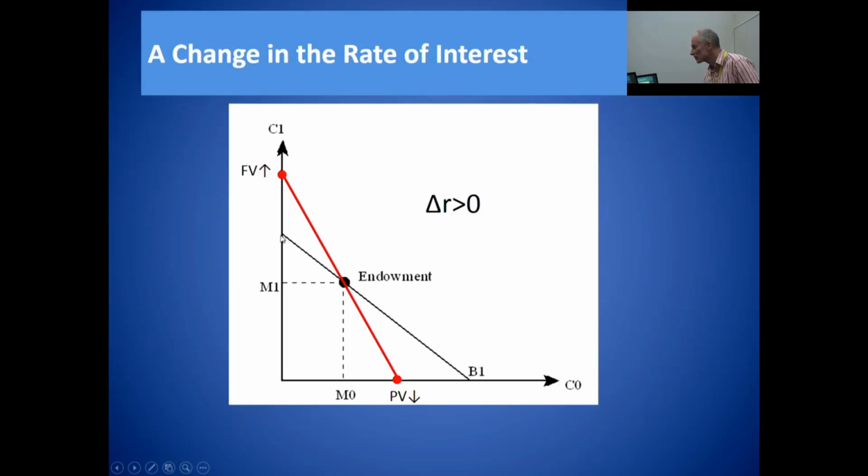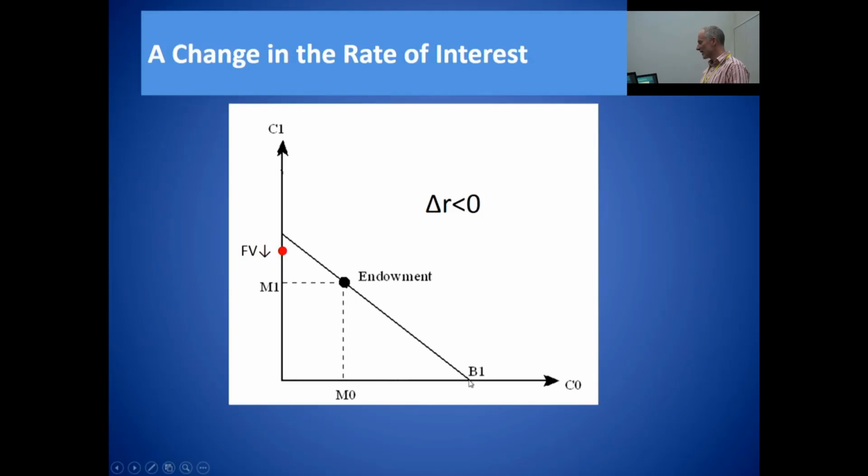It does not, for example, do that. It does not pivot about the axis. It's completely wrong. It pivots about the initial endowment point. So that is an increase in the rate of interest. Very quickly then, what about a reduction in the rate of interest? Well, we said that the future value will fall, goes down.